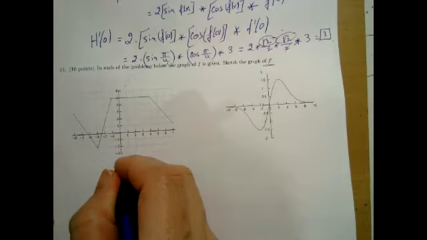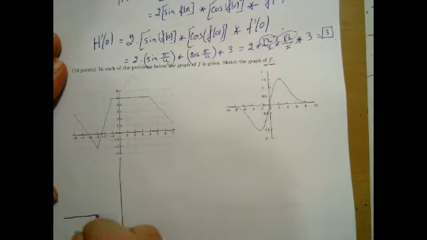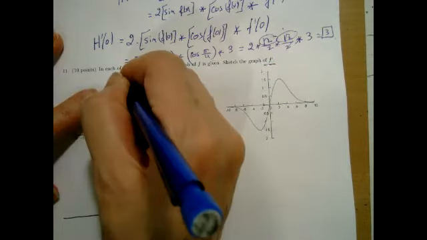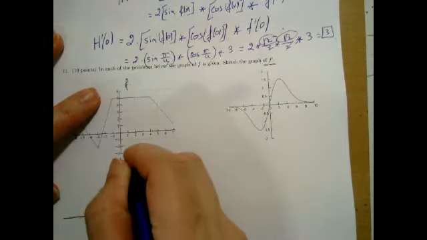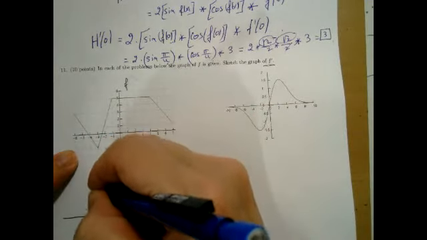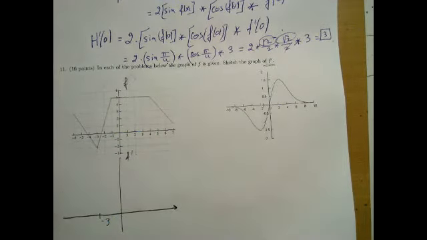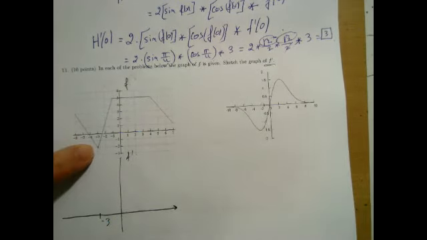So down here, I'm gonna sketch f prime. So this is my f, and this is f prime. Okay, up to -3, let's see what's happening. Up to -3, my function is a straight line.